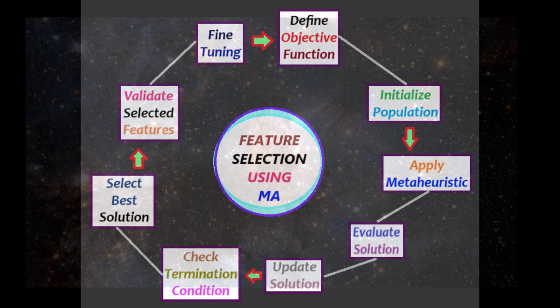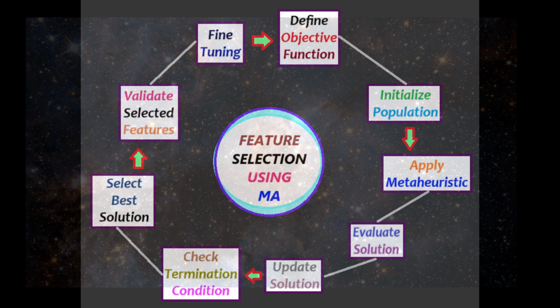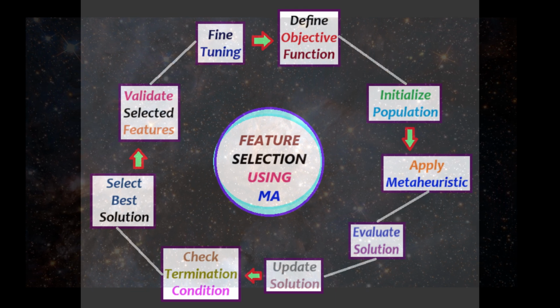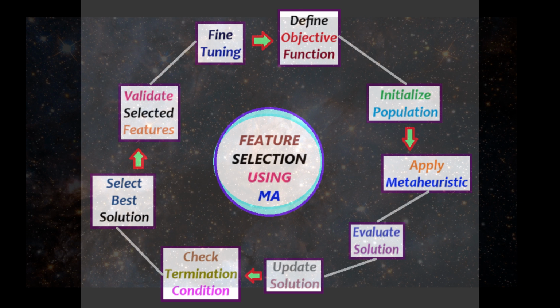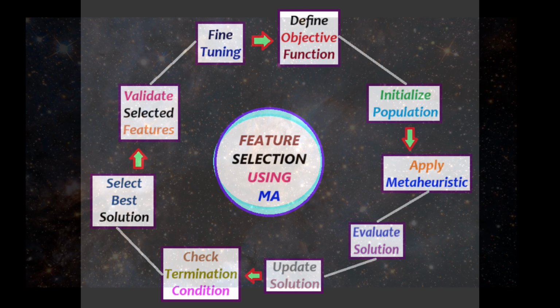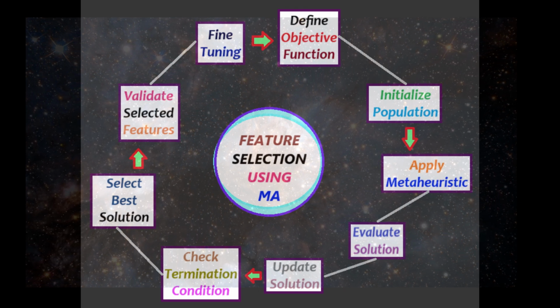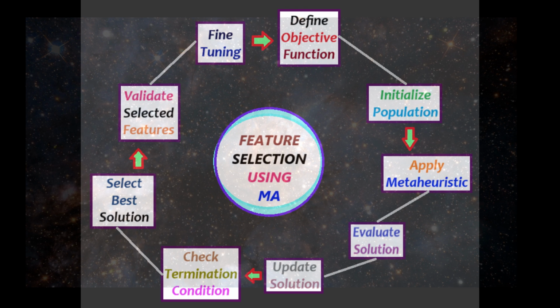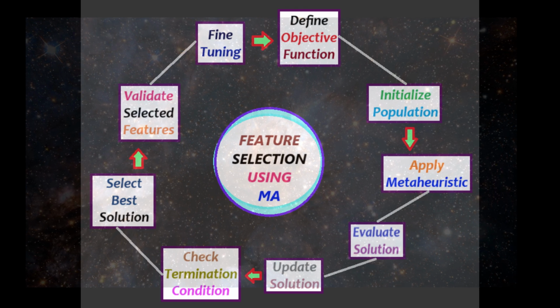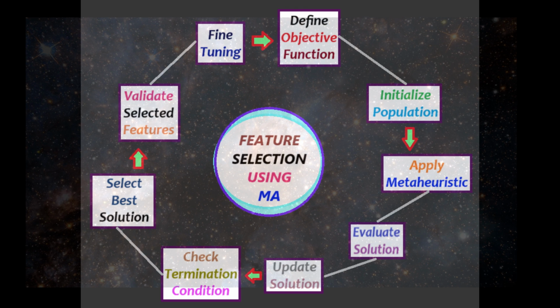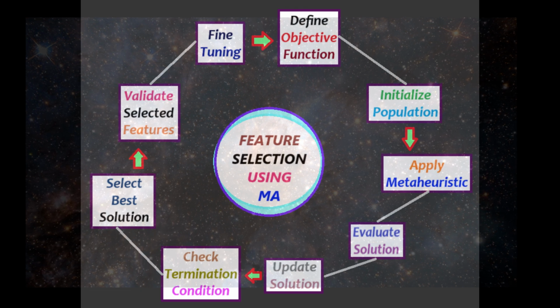Then we update the solutions. We update the current solutions based on the optimization strategy of the meta-heuristic algorithm and select the best solution for the next iteration. After that, we check the stopping criteria. If the stopping condition is met, we stop, else we repeat the steps.